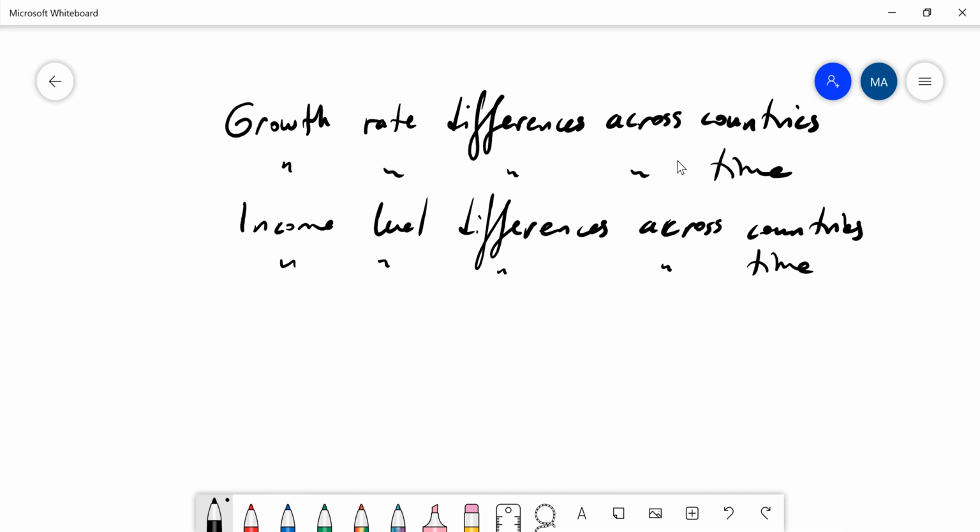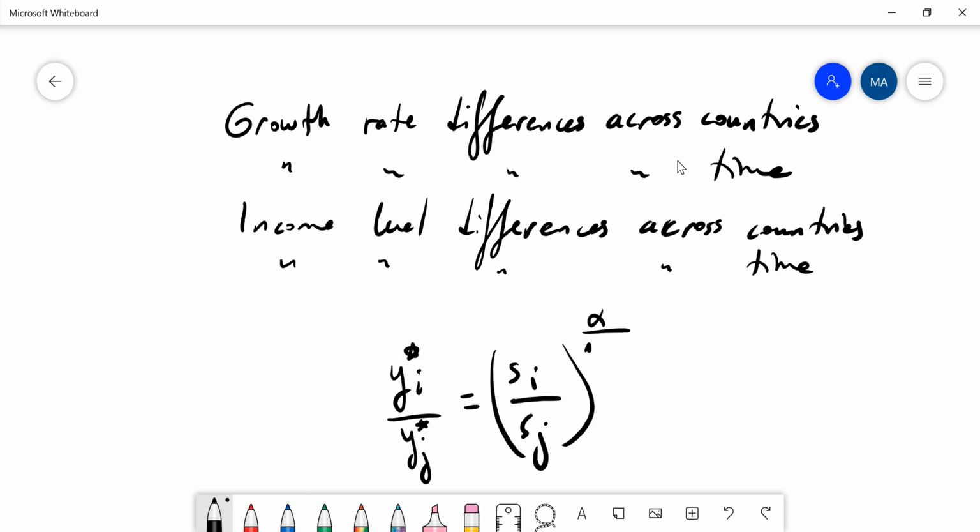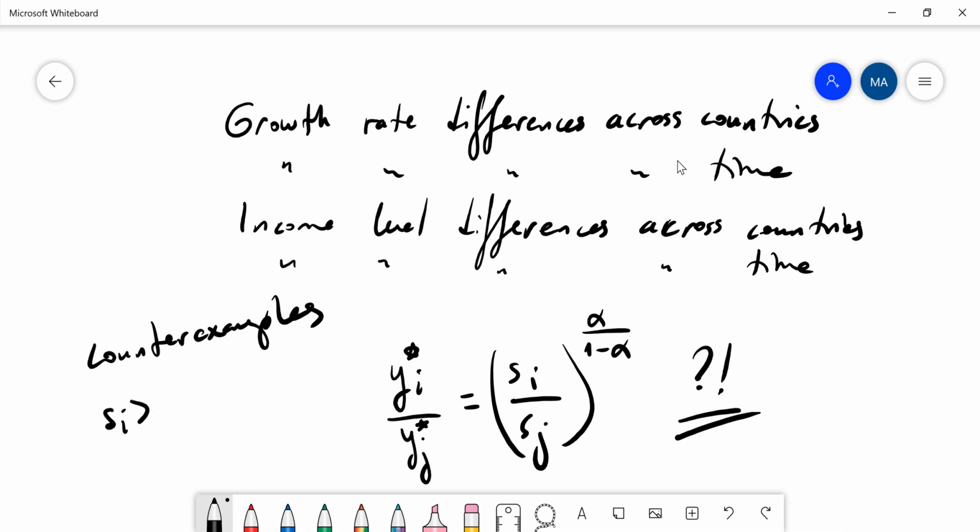Because long run income level differences, remember, are explained only by saving differences. So this is not correct, right? There will be many counterexamples that show us a country may have a greater saving rate, but a lower GDP per worker in the long run.